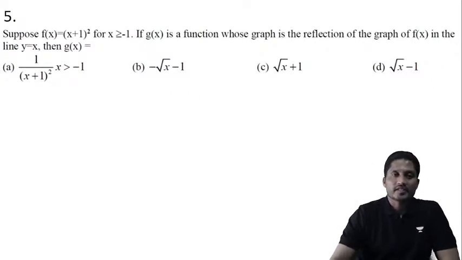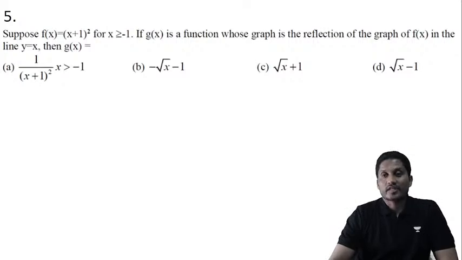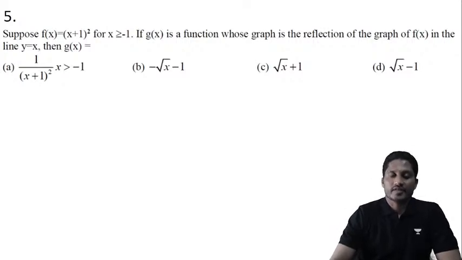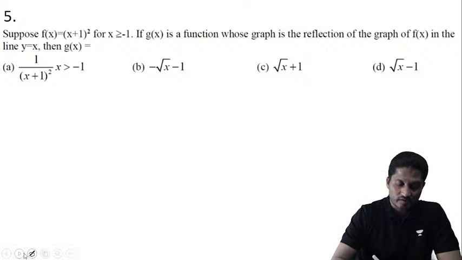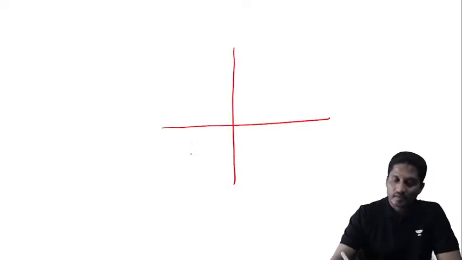Okay, f of x is equal to x plus 1 the whole square, and g of x is a function whose graph is a reflection of the graph of y is equal to f of x in the line y is equal to x. Okay, let me explain like this. Whenever you have, suppose, y is equal to x, assume this is a mirror line.